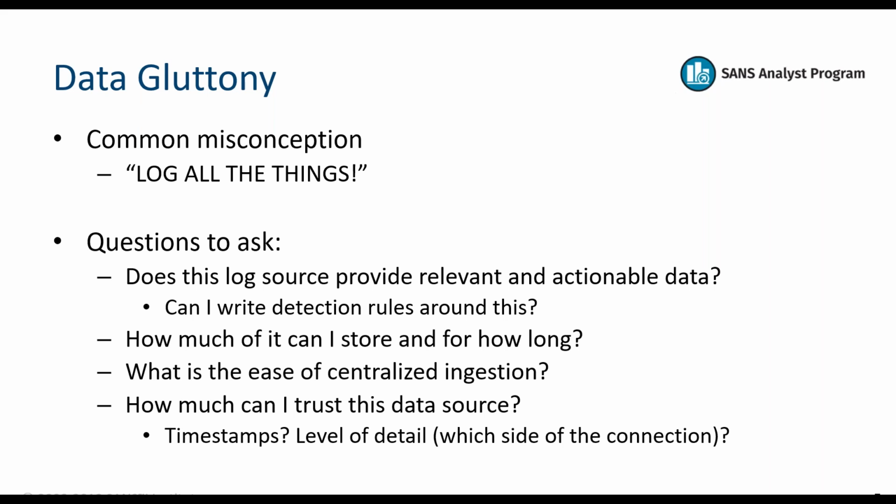We see some interesting things there. So how much can I trust this data source also goes in there, and that all rolls back to question number one: does this provide relevant and actionable data for me? If you don't trust it, it's probably not relevant. But if it does have some data that's actionable or that you can write detection rules around, you might be reconsidering that.